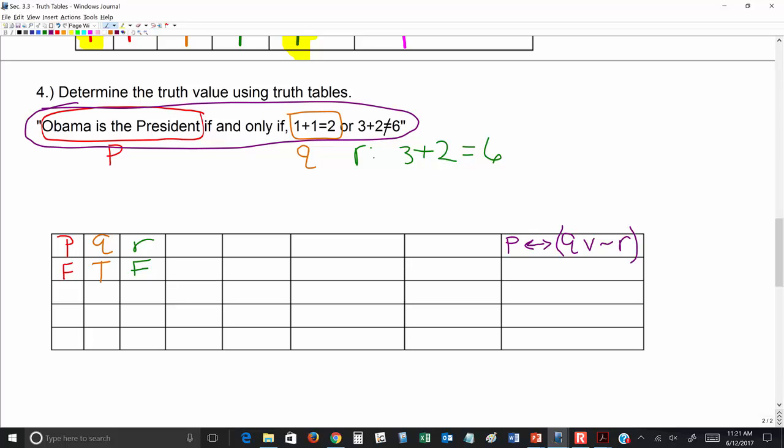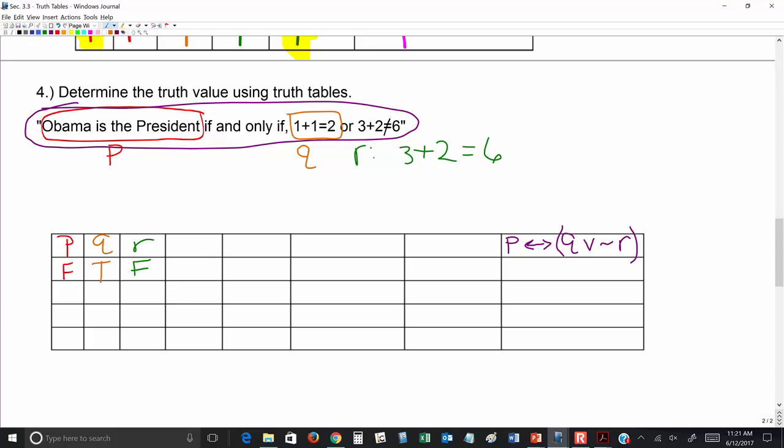So that represents the whole entire statement. My goal is to determine if this statement is true or false. So I'm going to do a column for not R, and then a column for Q or not R. That should be the only other columns I need.